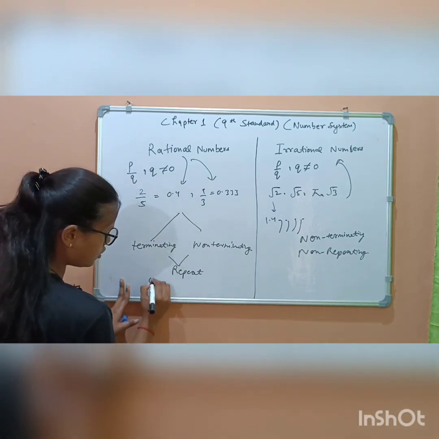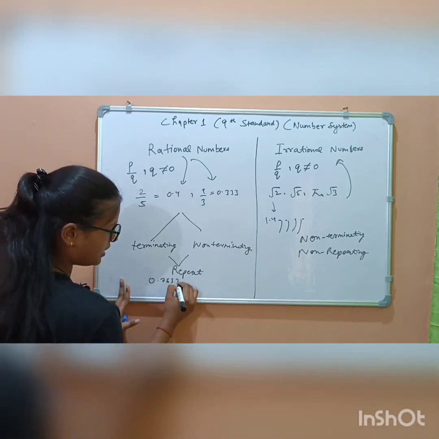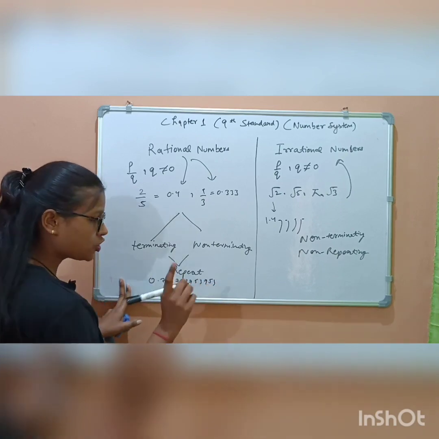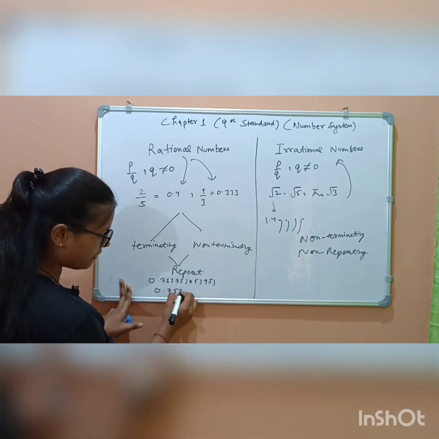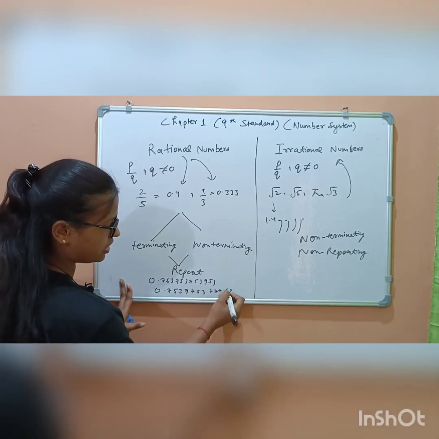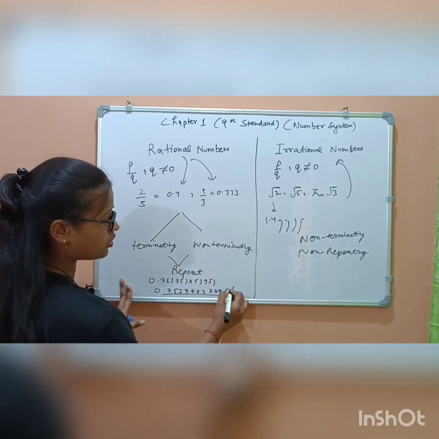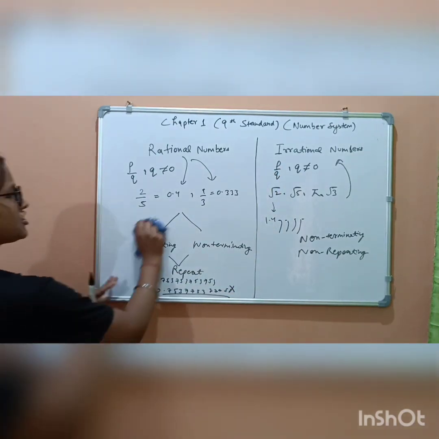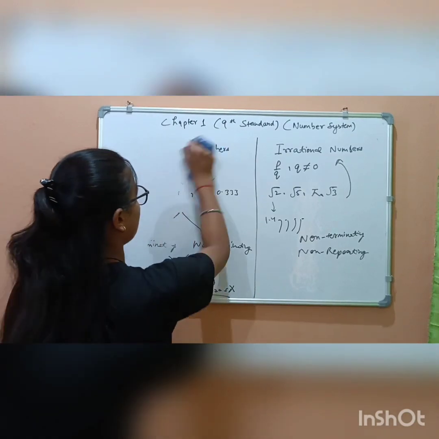It must be like 0.753, then 753, 753, 753. It should not be like this 0.753, then 7753, then 77753. If it's happening like this, it is not a rational number, it is an irrational number. So I hope rational and irrational numbers are clear to all of you.